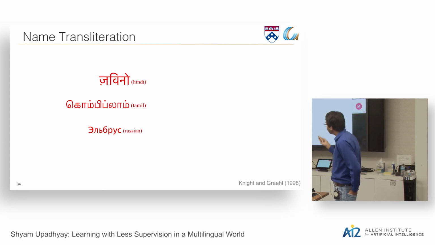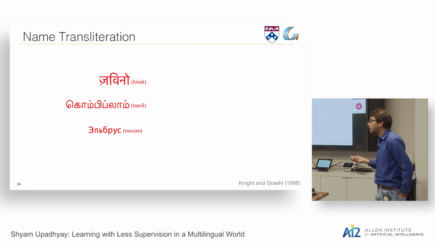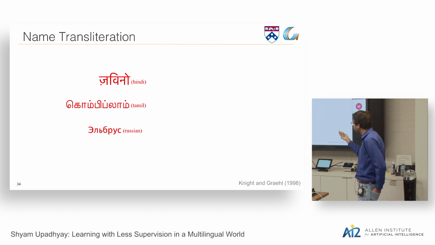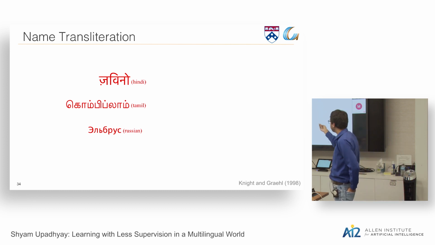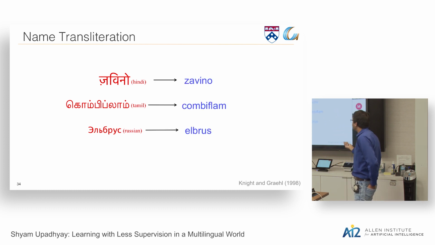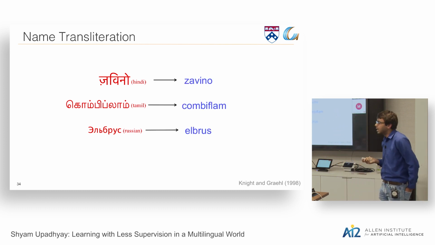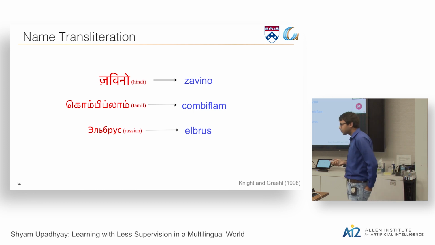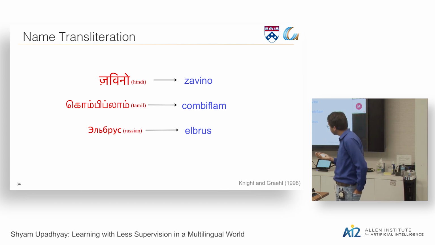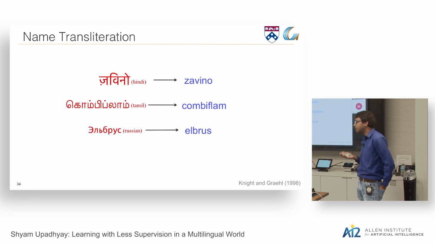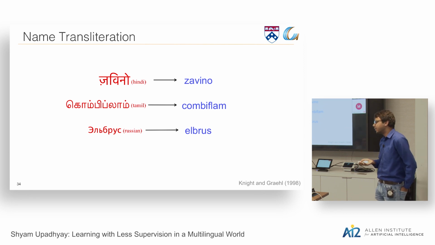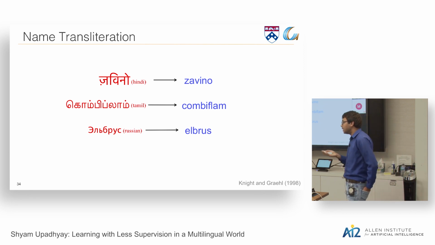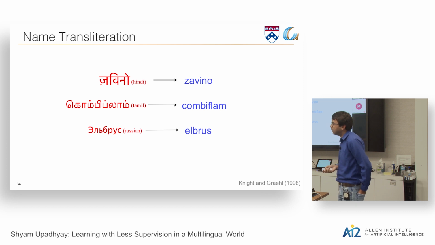In this task, the idea is that you want to rewrite a name that is written in a certain writing script, like the Hindi, Tamil, or Russian writing script, to a target writing script, which in our case would always be English. And the hope is that by performing name transliteration, we would be able to identify candidates even if our knowledge base is only expressed in English.